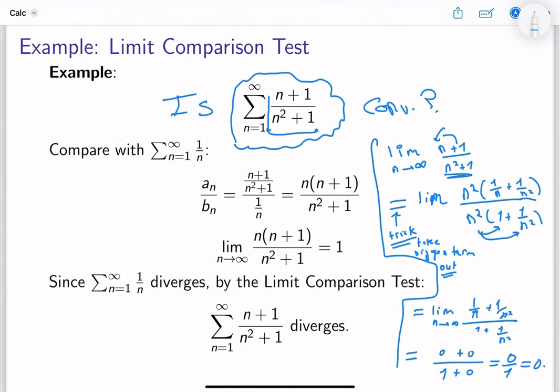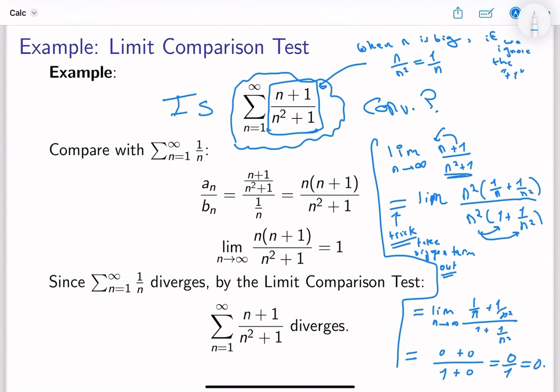But here's what I want you to think of. If you look at this summand that you have, if you ignore the plus ones when n is big, we have n over n squared, which is 1 over n.